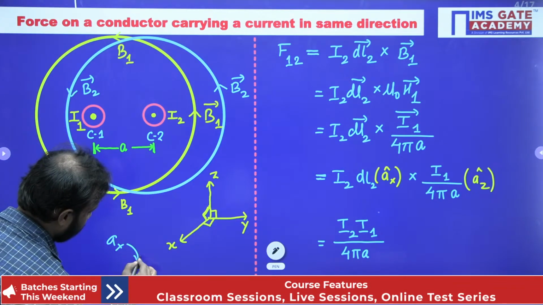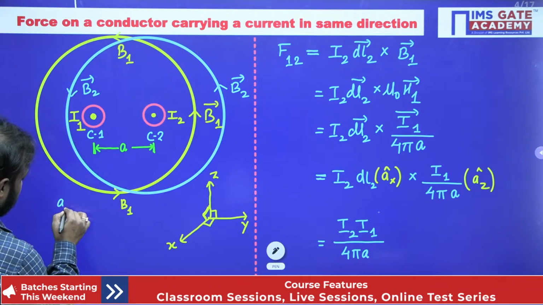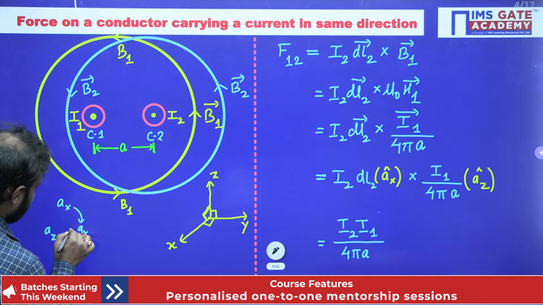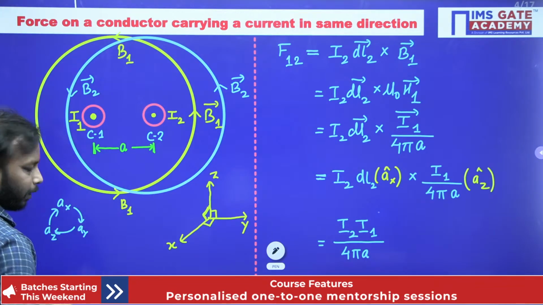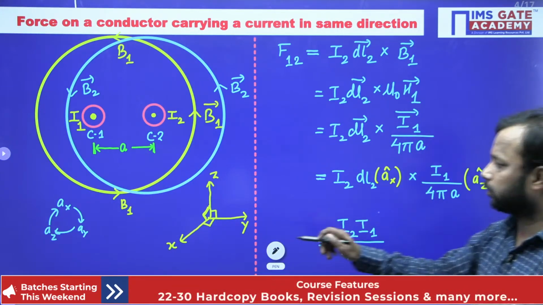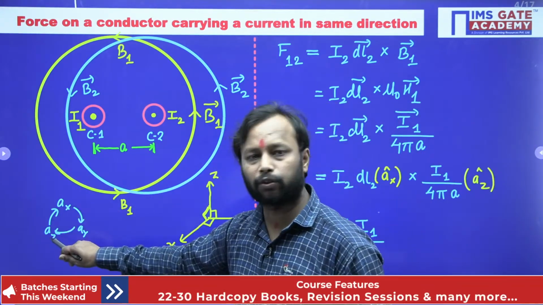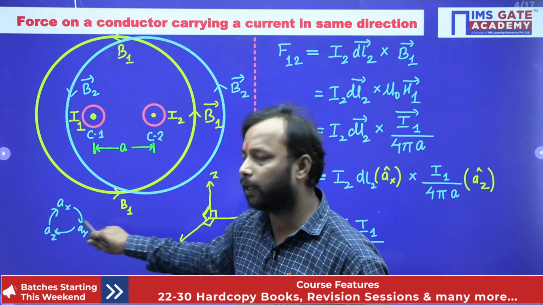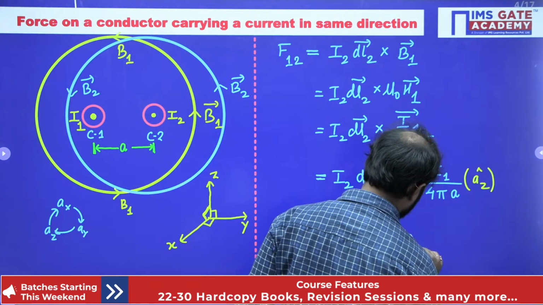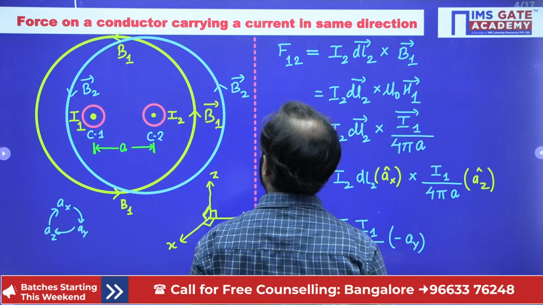AX, AY and AZ. In yesterday's class we have seen, we are moving in the opposite direction. See, from AX to AY, so we will have to take the negative sign. So it becomes minus AY.